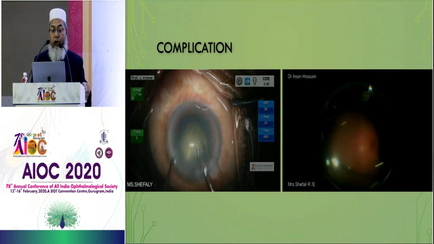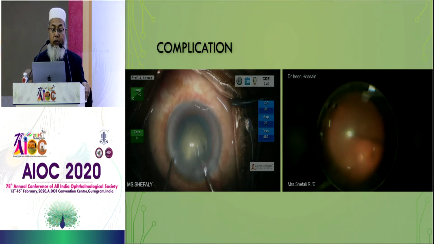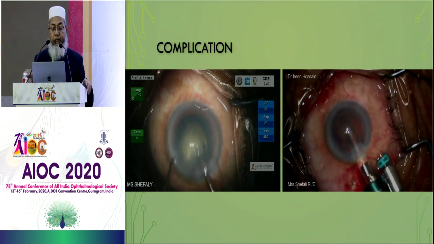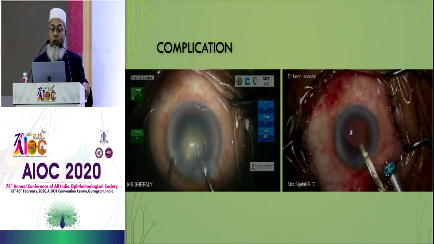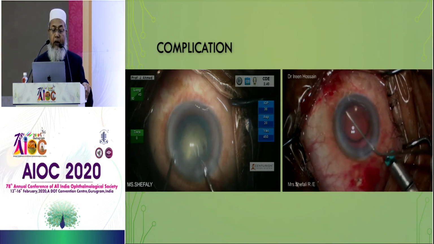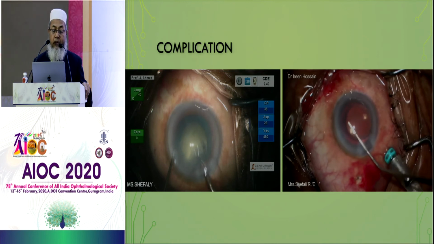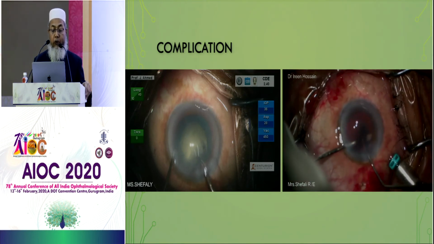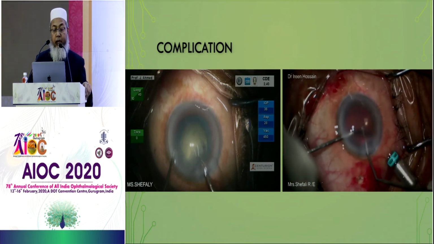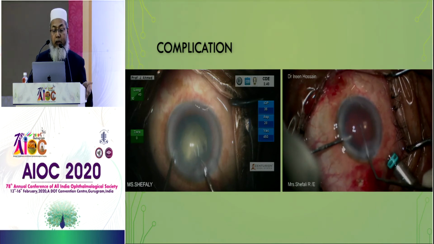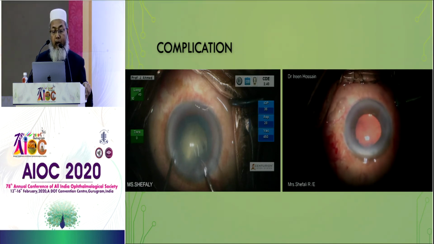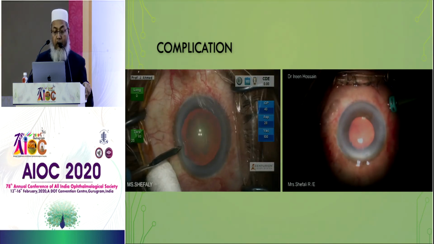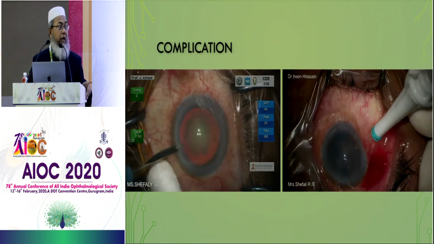And after doing all these things, a 3-piece intraocular lens was given in the sulcus, and then it was optic captured as shown by the previous speakers. It is nicely captured in the optic of the lens.